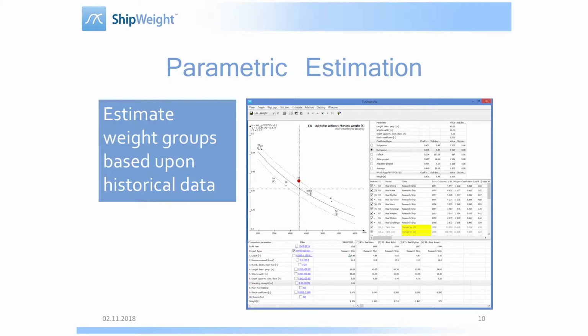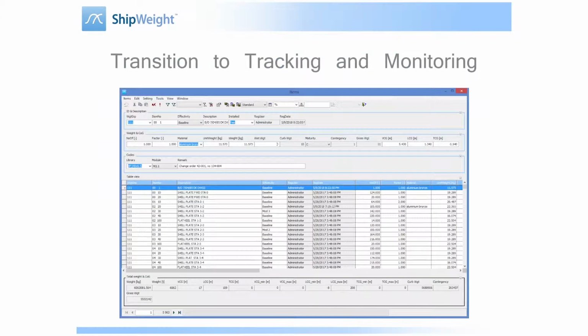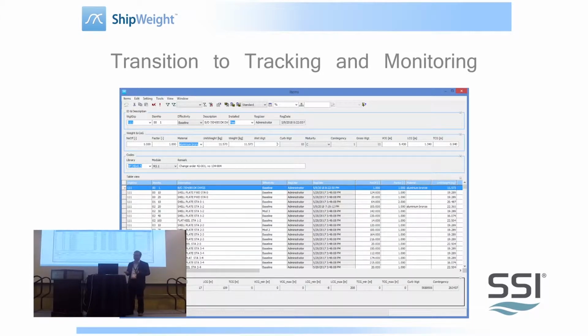Highlighting some of the main features, one of the core values of the system is the ability to do parametric estimation, where you take ratios between known parameters and rates for historical vessels and compare them with your ongoing design. At some point we transition to tracking and monitoring.